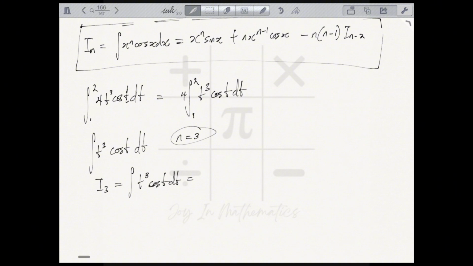Therefore we have t^3 sin t plus 3 t^(3-1) cos t minus 3 into (3-1) I_(3-2).